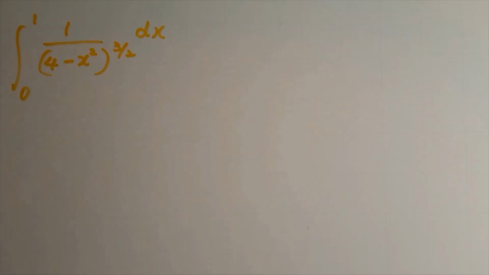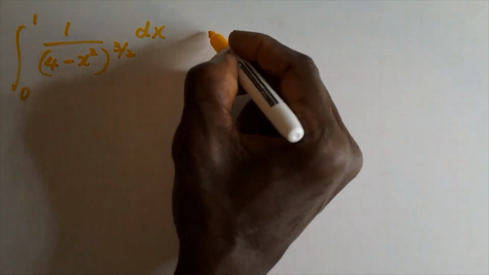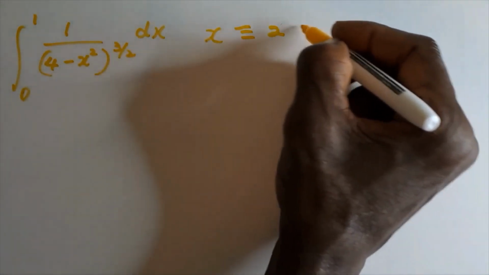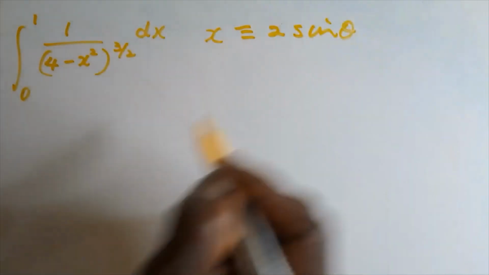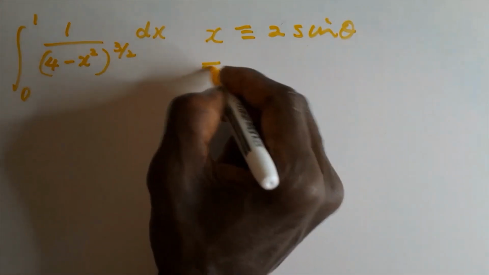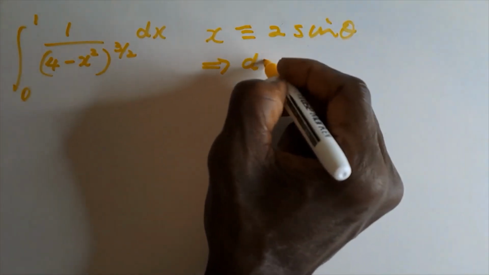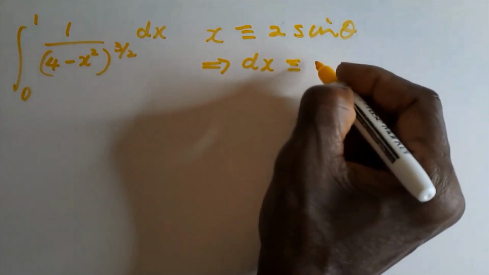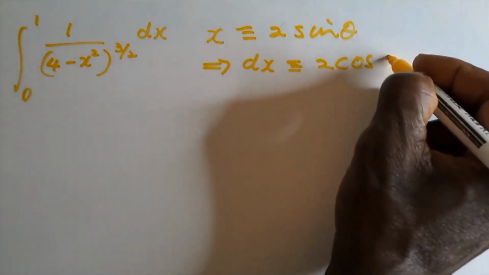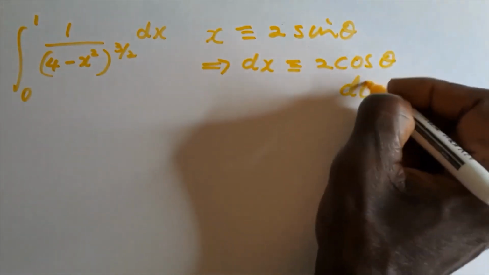Hi, for this integral we'll use the substitution x equals 2 sine theta. This implies that dx is equivalent to 2 cosine theta d theta.